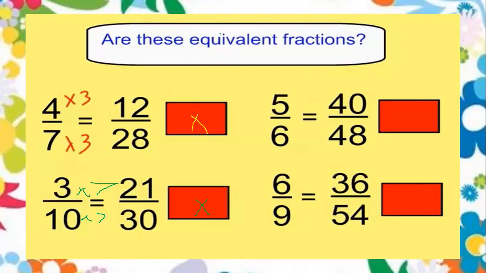Now come to 5 upon 6. Here in the table of 5, when 40 comes, is 40 a multiple of 5 or not? Tell me. So 5 times 8 is equal to 40 and 6 times 8 is equal to 48.